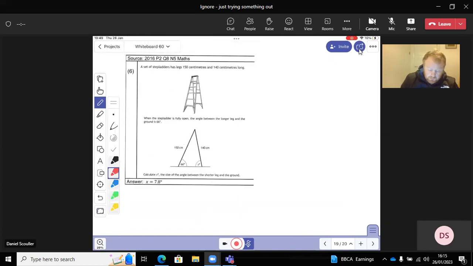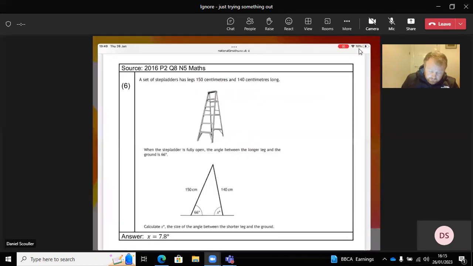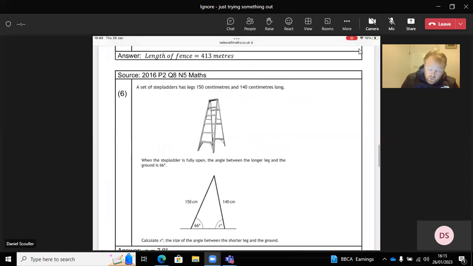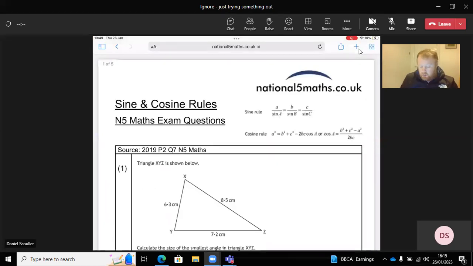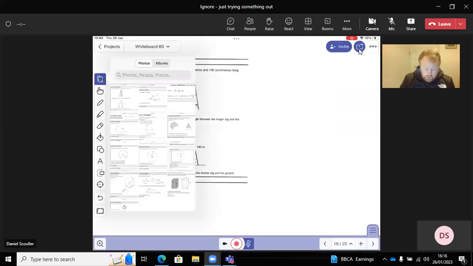Non-right angle, so we're looking at the two rules from the formula sheet.